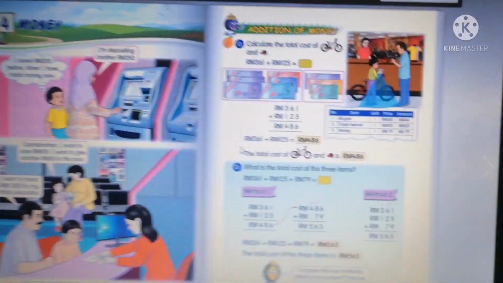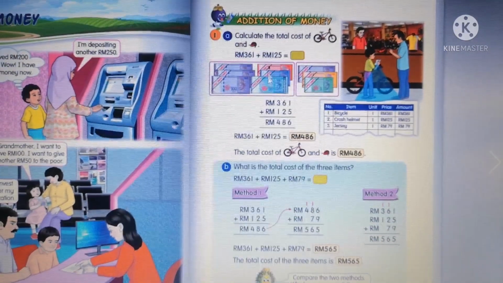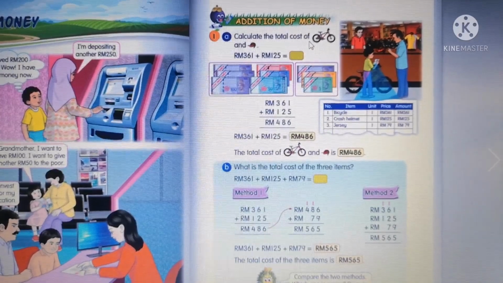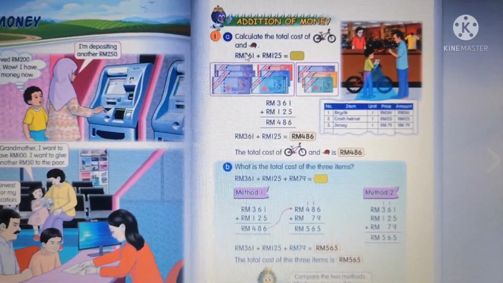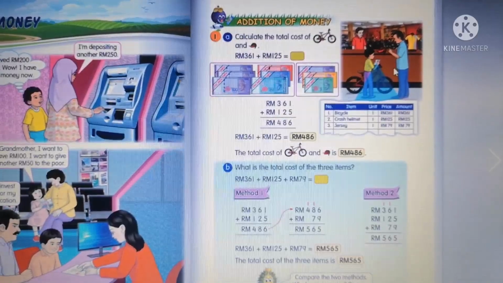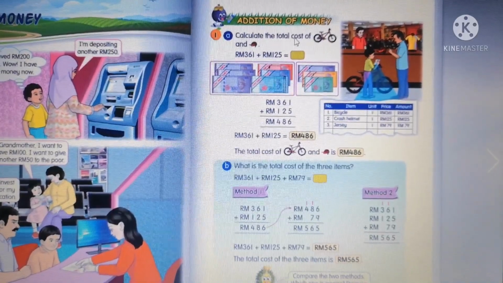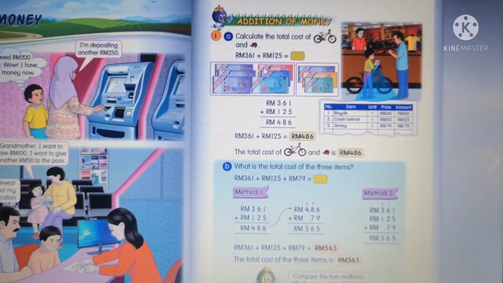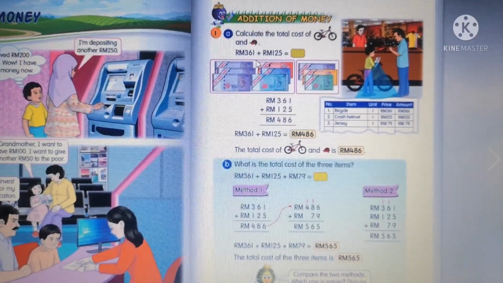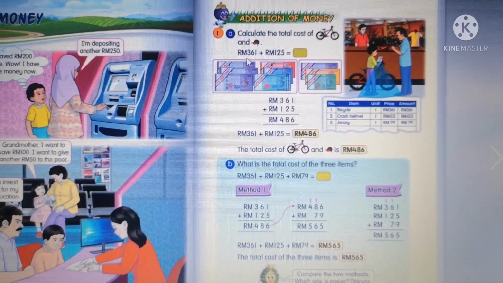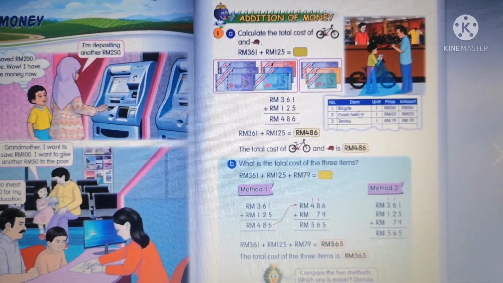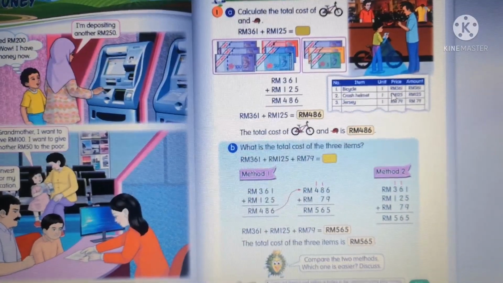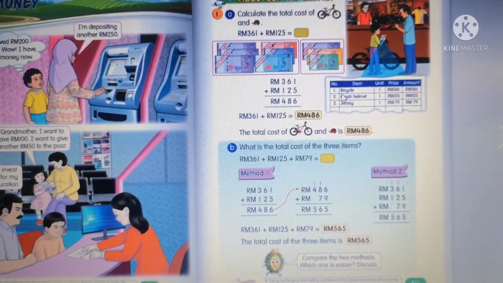Okay, so look at here, calculate the total cost of the bicycle and the helmet, right? So they've already given you the numbers. RM361, RM125. The RM361 must be the bicycle. Look at here, the table here.